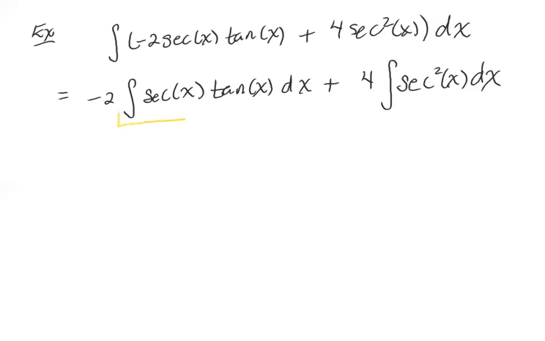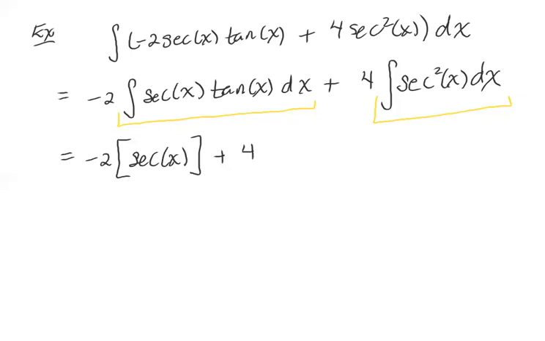This part, I have a rule that tells me how to take the antiderivative. This part, I have a rule that tells me how to take the antiderivative. I can apply those rules that we've just covered. So this is equal to negative 2 times the antiderivative of secant tangent, which is the secant of x plus c, and I can just tack the c on the end of this whole expression, plus 4 times the indefinite integral of secant squared of x, which is the tangent of x.